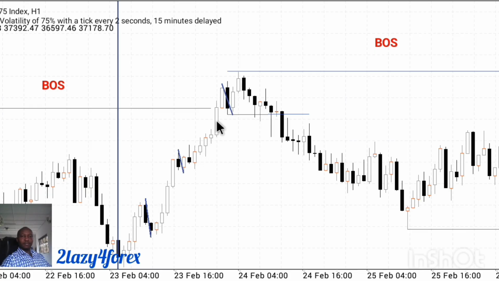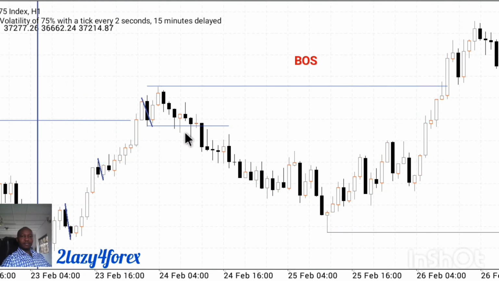I now believe, okay, this expansion has finished. So now we are on a pullback phase. Once I have a lower low below, that's a break below the low of this expansion phase. That's the highest low. The break below the highest low, and a lower low forms. That is when I believe we are in a pullback phase.